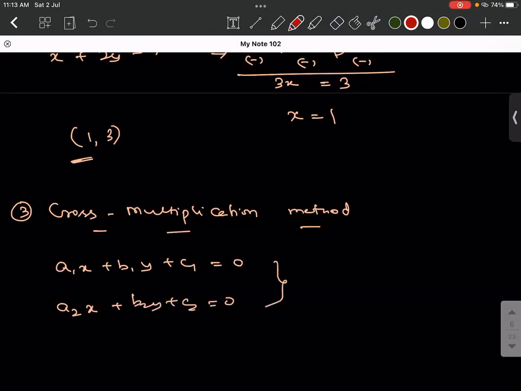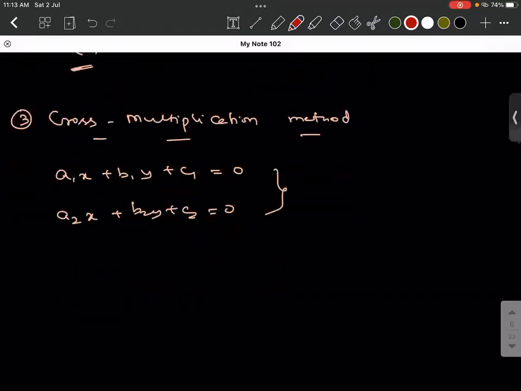Let's say they are in this format. Then what you need to do is observe. b1 here, b2 here, c1, c2, a1, a2, and end with whatever you started with, b1, b2.